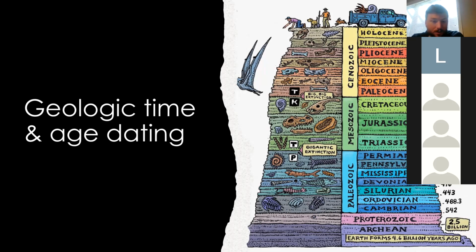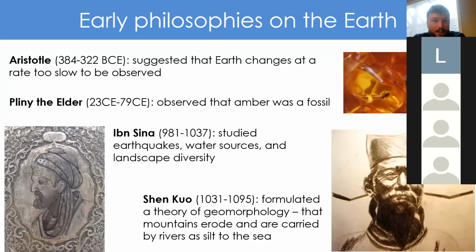All right, so let's talk about geologic time. So just a little bit of history about studying geologic time and how Earth is shaped and formed. People have been thinking about this for quite some time, going back to the Greek philosophers, Aristotle, Pliny the Elder.